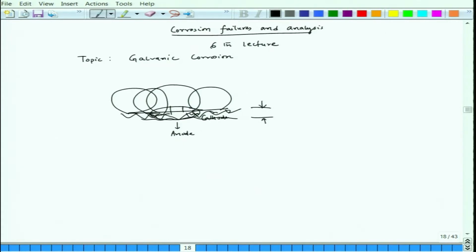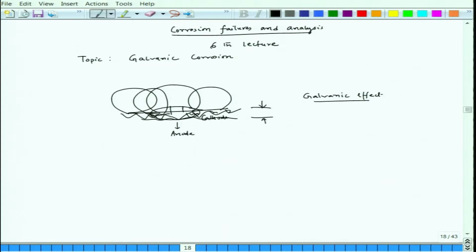The center part has more corrosion than the periphery, and this is a serious galvanic effect. Now, the question is, though as per the form we say this is uniform corrosion, if you carefully look, the mechanism is nothing but galvanic corrosion.